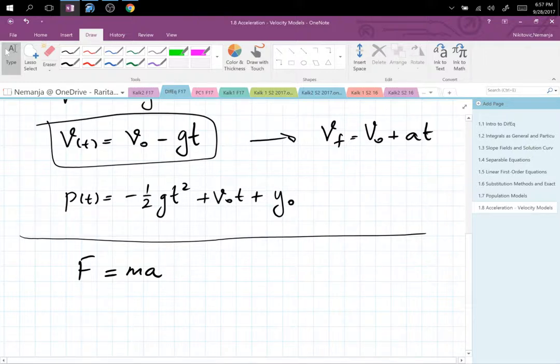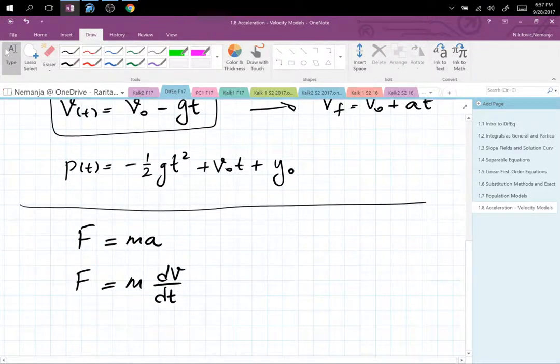So it's a change in velocity. So we can write that the force is equal to mass times dv dt, which again introduces a situation where we can integrate and do stuff.